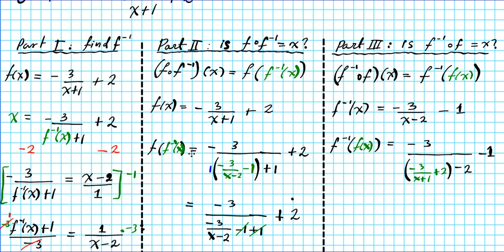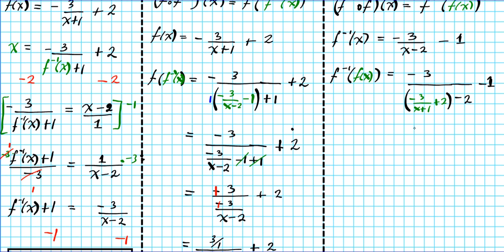So if you take a look at what we did previously in part 2, there's a great similarity in the process. So you can basically use your work from part 2 to guide the process in part 3. Okay, so imagine that you have a 1 here. You can distribute the 1 to the denominator. That gives us negative 3 divided by negative 3 over x plus 1 plus 2 minus 2 minus 1.